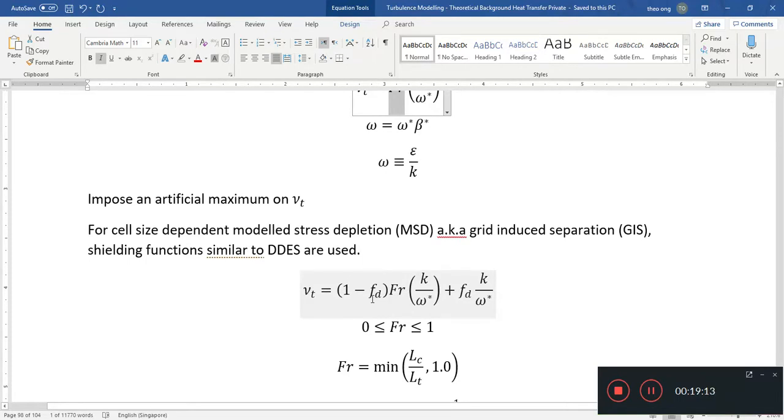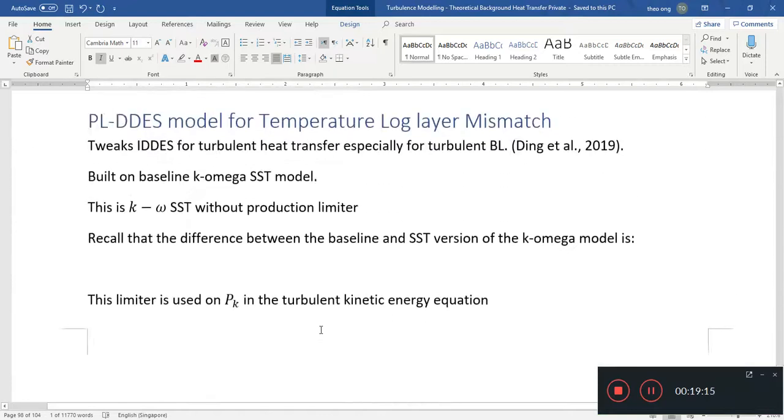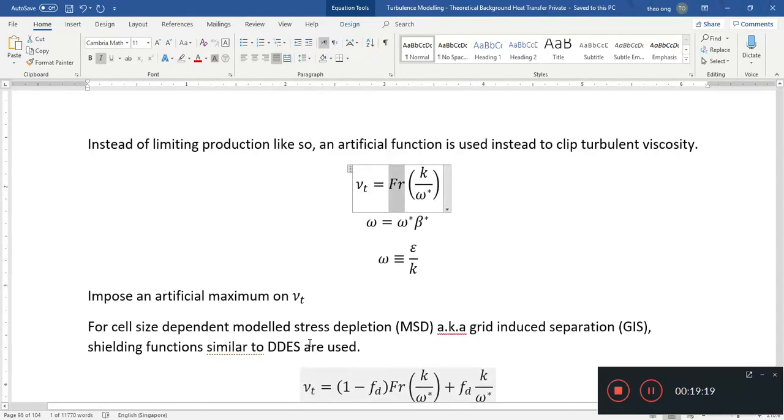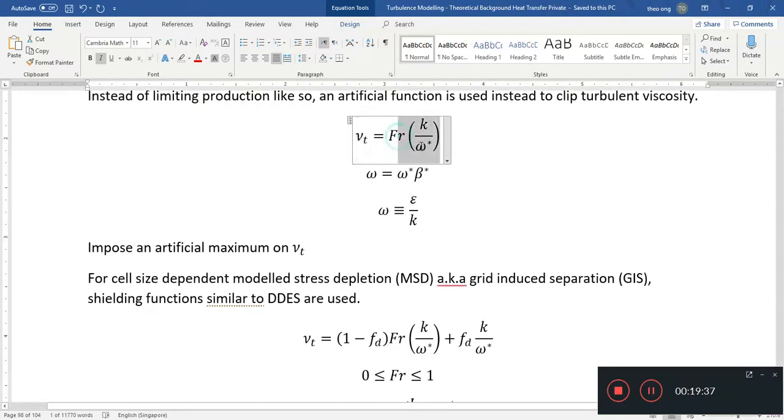As with all DDES models, I hope you're familiar; if not, please go and watch some of my former DDES videos. You have a turbulence viscosity, which is usually a blend of the RANS side, the Reynolds averaged Navier-Stokes, and the LES side. So this one will more closely pertain to the RANS side.